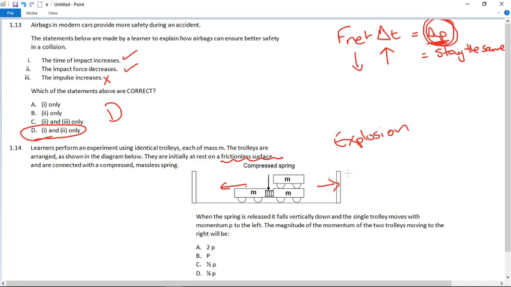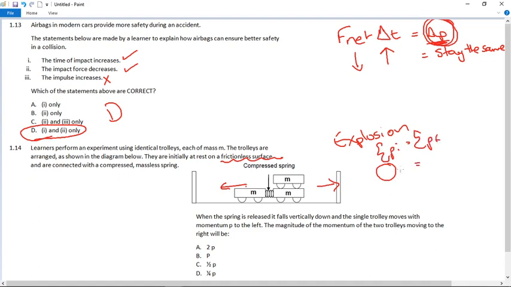The magnitude of the momentum of the two trolleys moving to the right. Okay, they're trying to trick you here. What's going on here? This is an isolated system. Momentum is conserved, so the momentum to the left is going to be equal to the momentum to the right. Because the initial momentum before is 0, and it equals the sum of the momentum afterwards.